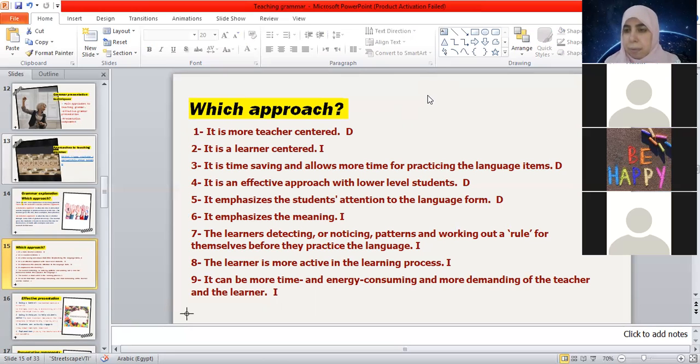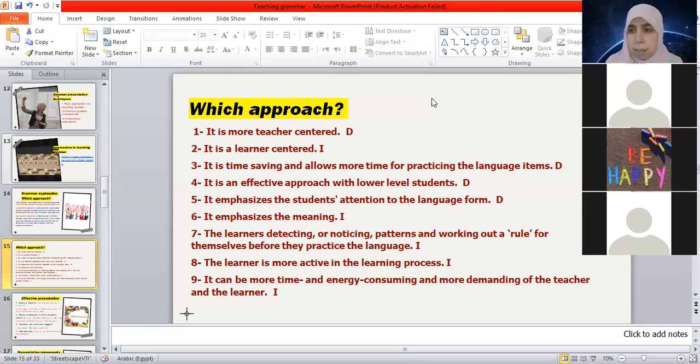In the book itself, they read more than one example, then they extract or guess the key structure by themselves. So the book or the curriculum helps us to use this way.